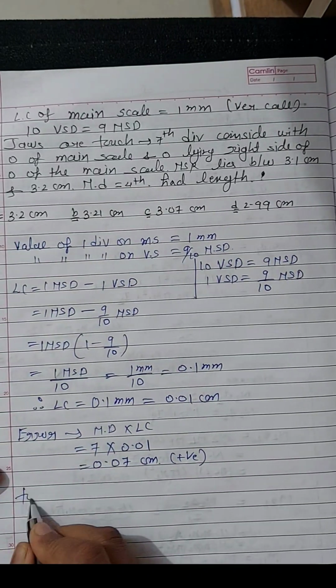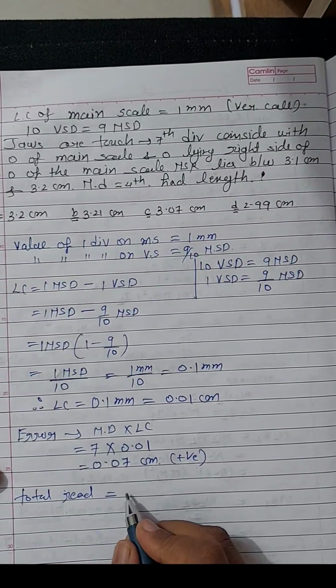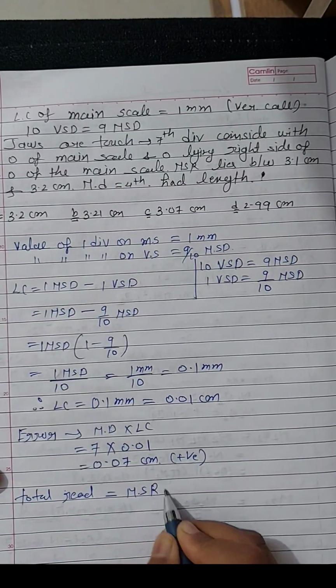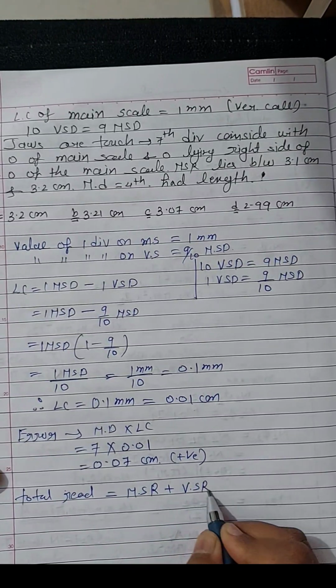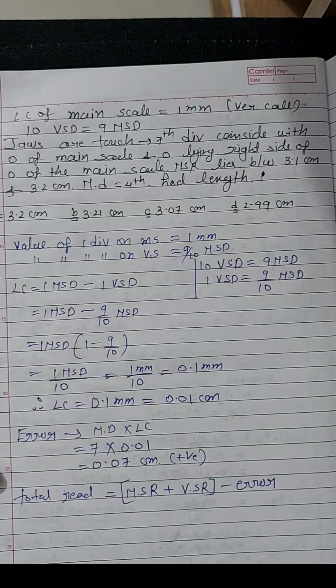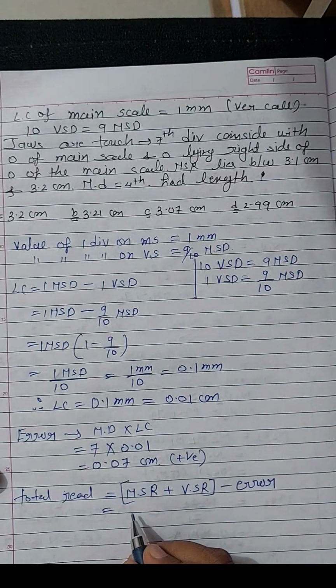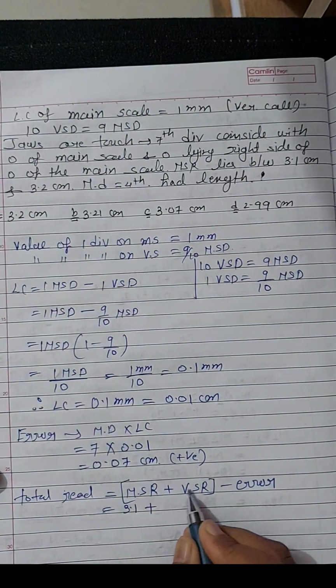Okay. Now our final total reading is equal to main scale reading plus vernier scale reading minus error. Okay, positive error is subtracted. So main scale reading, it is given 3.1, plus vernier scale reading.